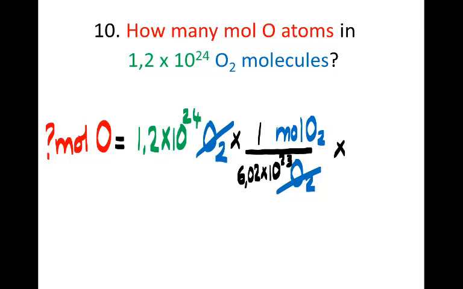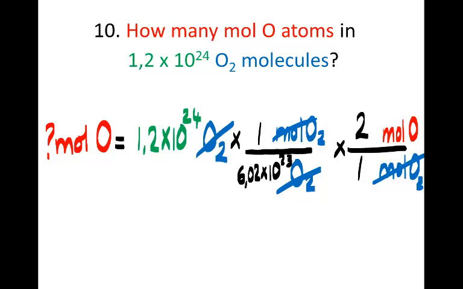We are still left with a unit mole O2 that we don't want. We want mole O. So we need another unit factor, which has mole O2 at the bottom. And now, the unit we actually want, mole O at the top. And we've already seen in the previous question that 1 mole O2 is 2 moles of O. Because there's O2.